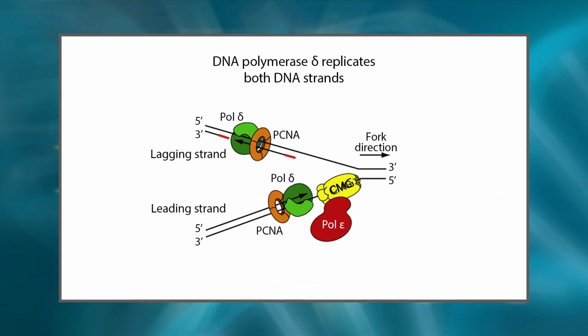While polymerase alpha initiates DNA synthesis, polymerase delta and polymerase epsilon perform the majority of the DNA replication, with Pol delta synthesizing the lagging strand and Pol epsilon synthesizing the leading strand. Given the importance of accurate DNA replication, the proper function of these enzymes is critical to maintain DNA stability.